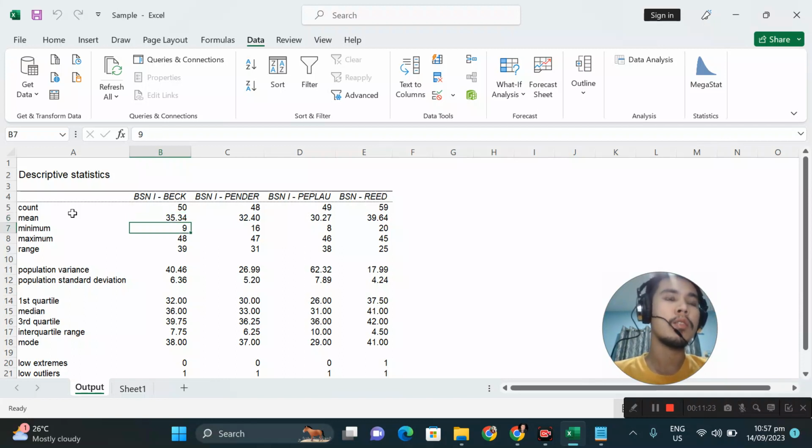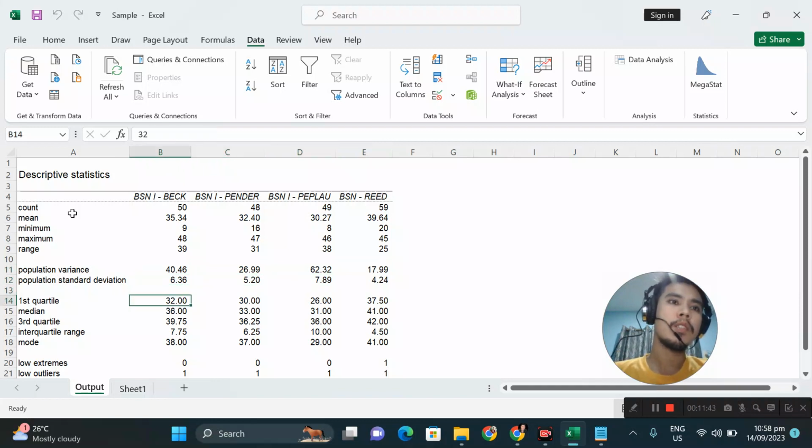And here we also have the minimum, the maximum, and the range. And I guess the range is the difference between the highest and the lowest scores. And we also have the population variance and the standard deviation here.